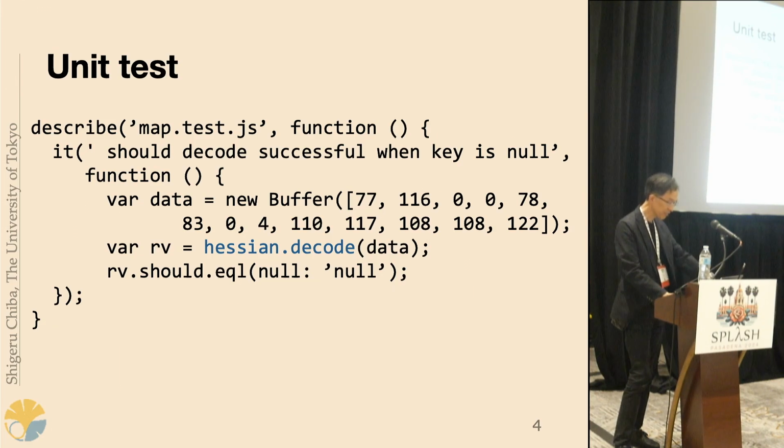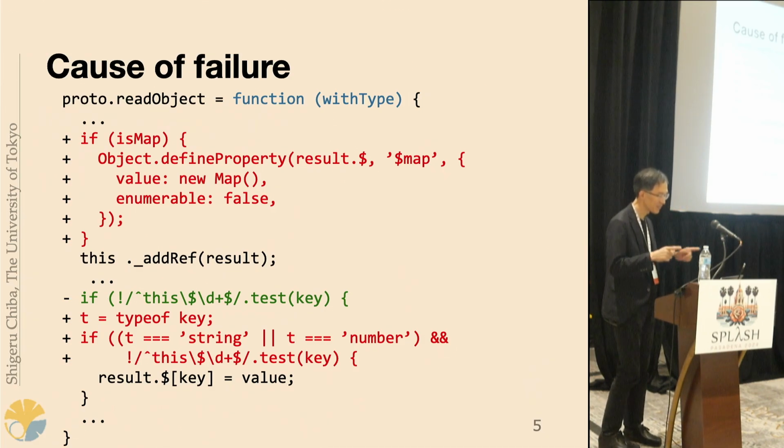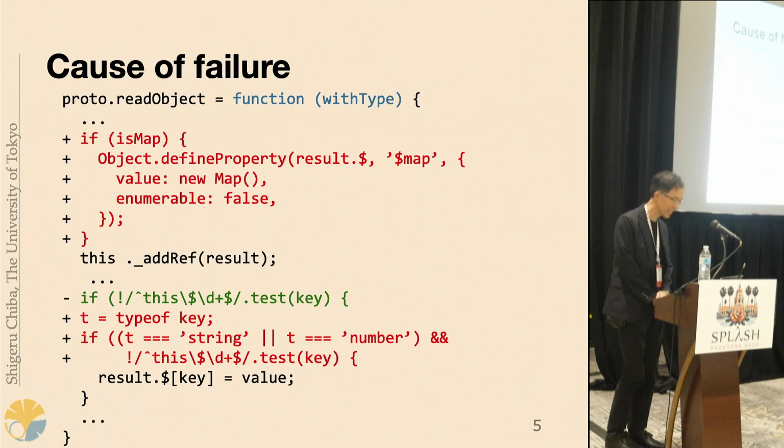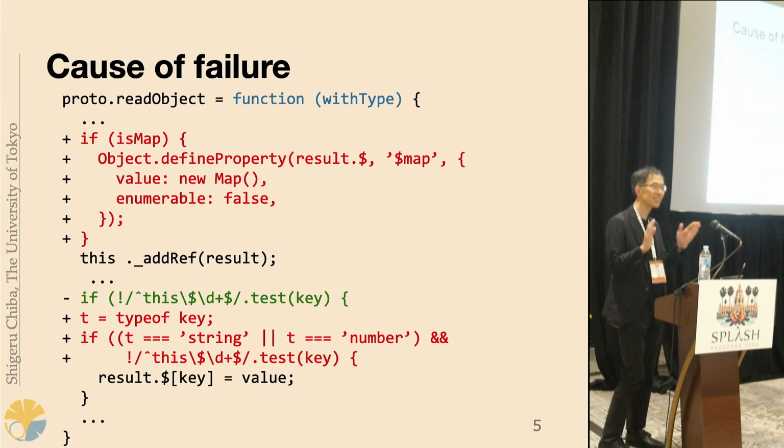And in this particular case, the cause of the failure is not within the function body of Hessian.decode. The real cause of this bug was in some lambda function indirectly called from Hessian.decode. This is a diff file between the two versions. One version runs successfully, and the other, the new version, causes a regression.